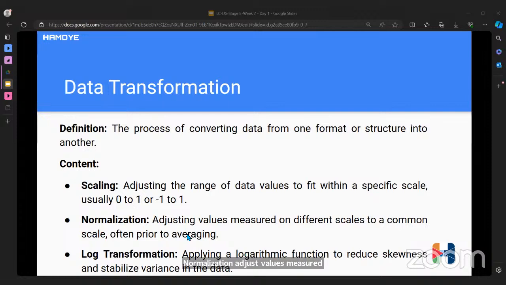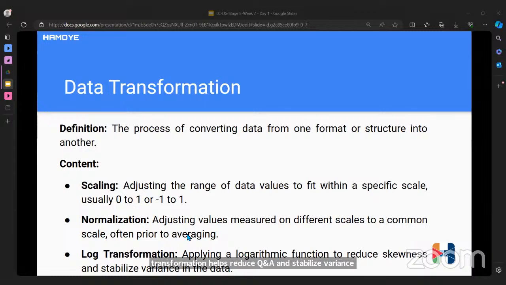So you have the quantity column, and let's say you're dealing with a small store, it's usually 1, 5, 6, 7, and you have your sales column with values like 100, 200, and 1,000. What you can do is normalize it, bring it to a level where both of them can relate with each other. That's normalization. Log transformation helps reduce skewness and stabilize variance in data.